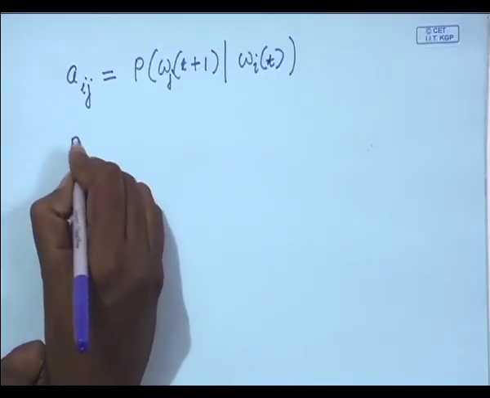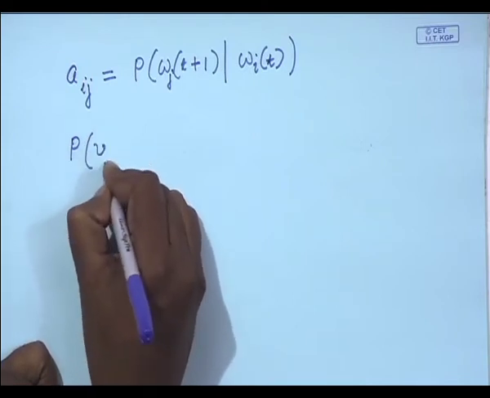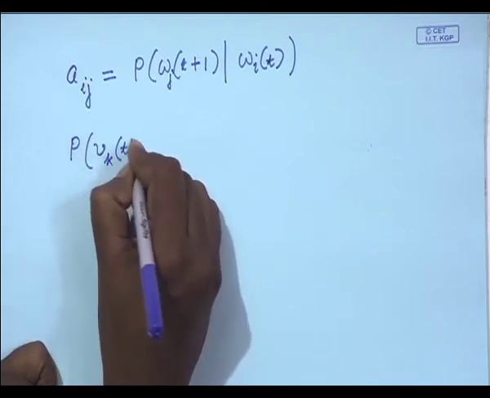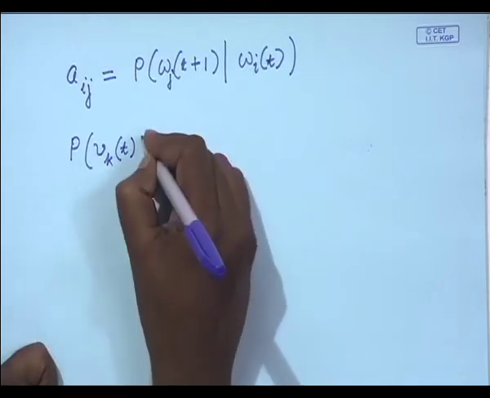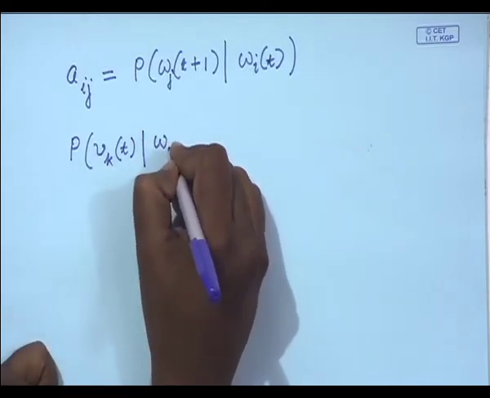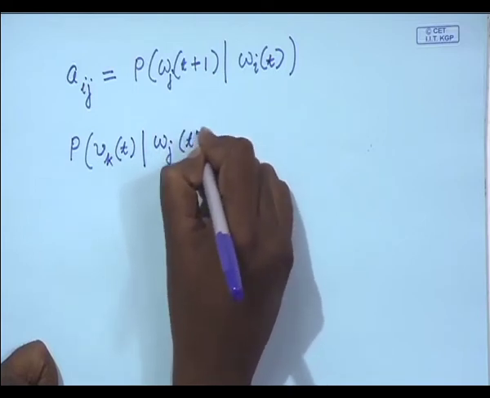In the same manner, there is also a finite probability that in state omega j, the machine will output a visible symbol V k at time step t. So, I also have the probability that the machine will output a visible symbol V k at time step t, given the machine is in state omega j at the same time step t.